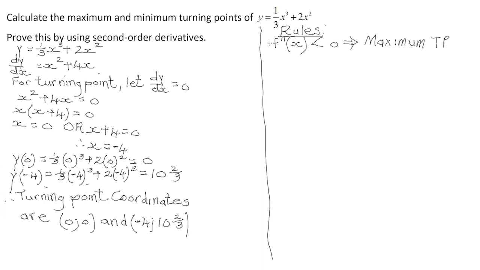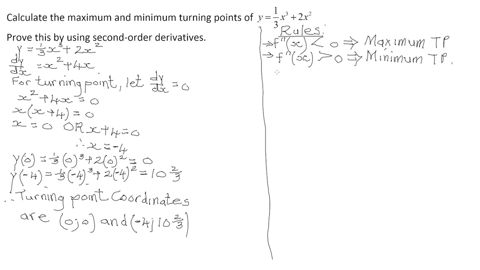Then that's rule number 1. Second one, second derivative greater than 0, that implies a minimum turning point. Of course, you won't be able to answer this question without those rules.